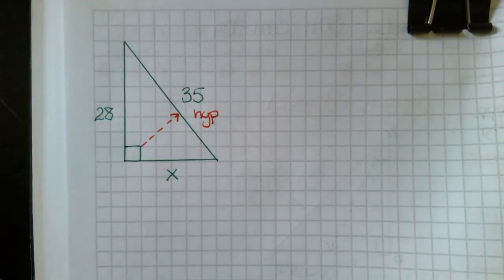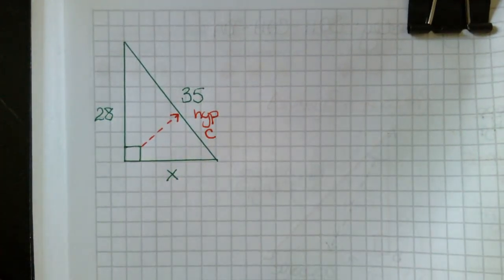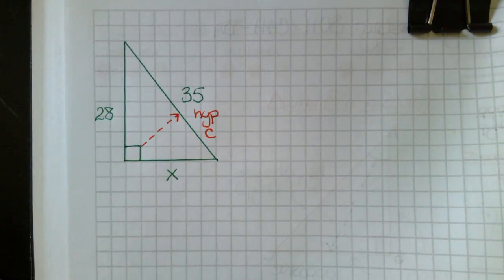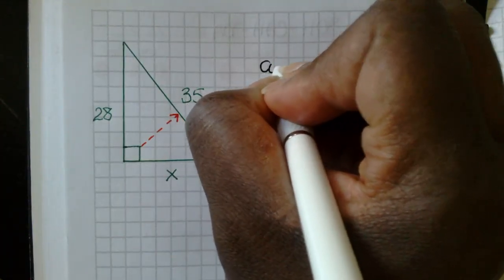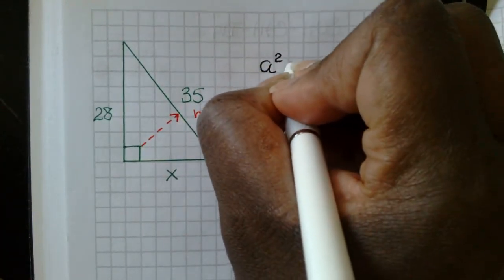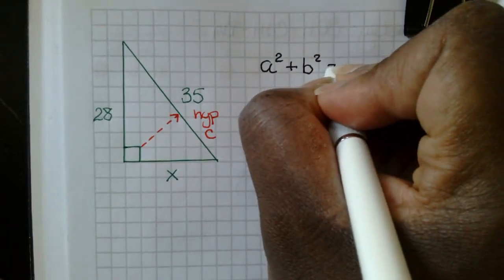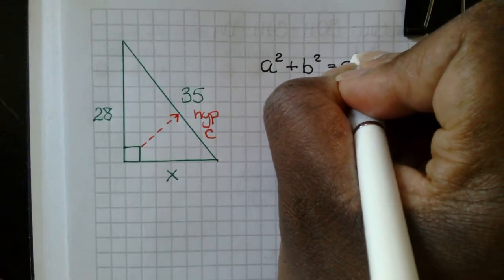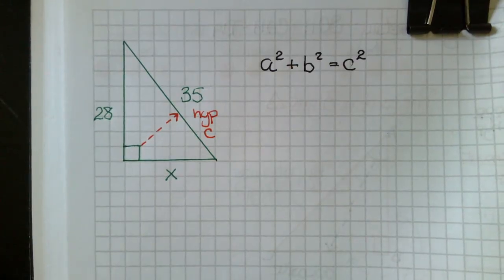And the hypotenuse is always going to be your C. So when you bring in Pythagorean's theorem, you have your a squared plus b squared equals c squared. There's a whole history lesson on that, but right now, this is not what I'm here for, okay?